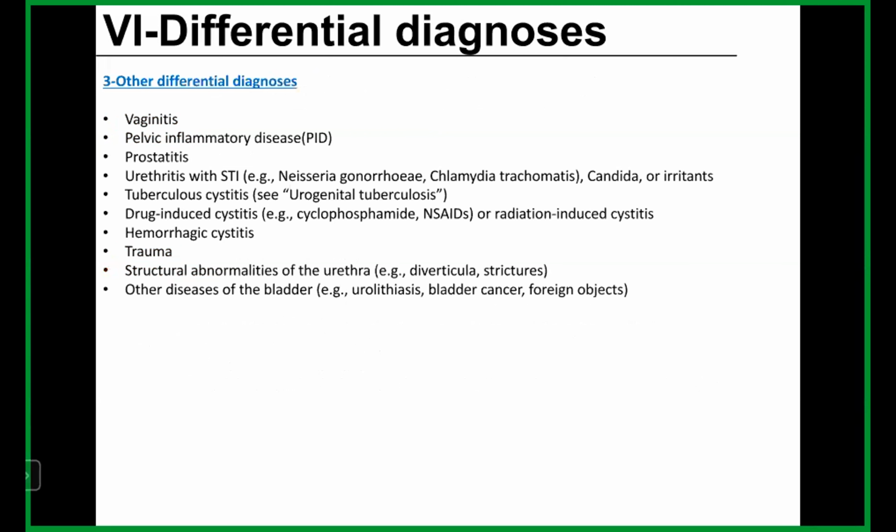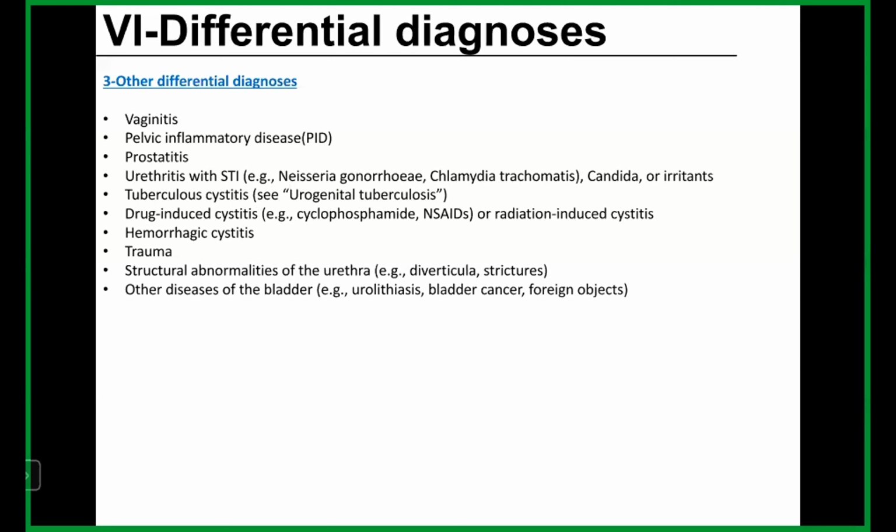The other differential diagnoses: vaginitis, where women have pain, but the pain is not during urinating. Pelvic inflammatory disease, prostatitis, urethritis, tuberculosis, yes, also common, though not here in my clinic where I am in Bern.